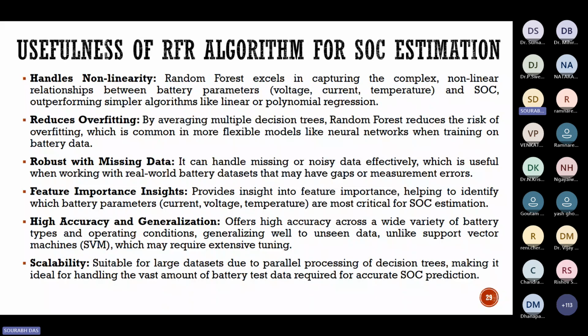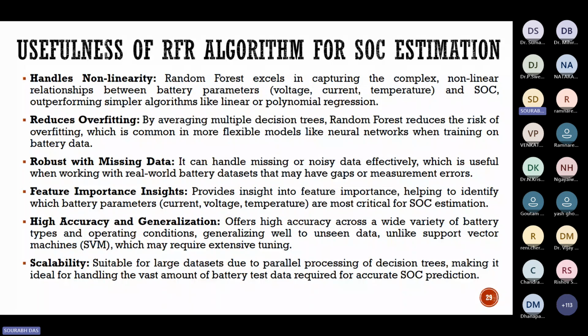So what is the usefulness of the RFR algorithm, the random forest regression algorithm, for SOC estimation? First, it can handle nonlinearity. As we can see, OCV and SOC is a highly nonlinear curve.